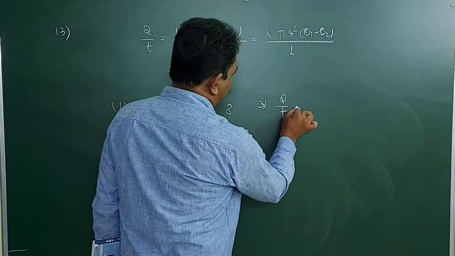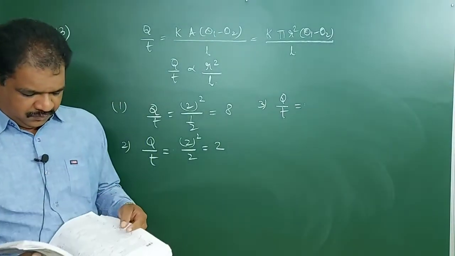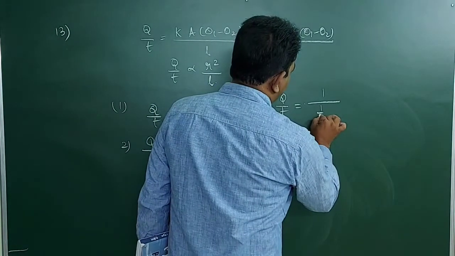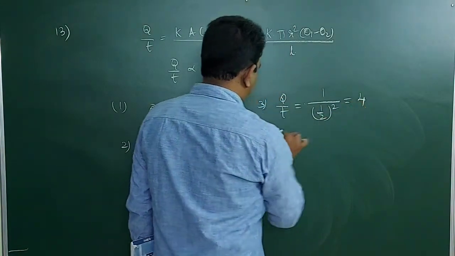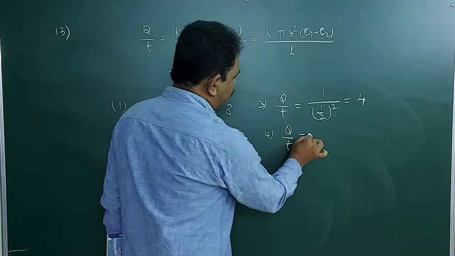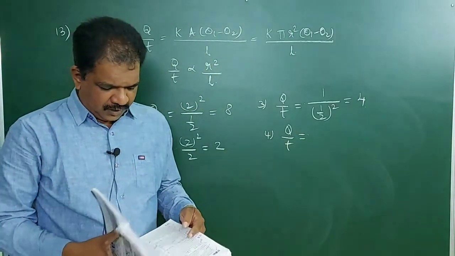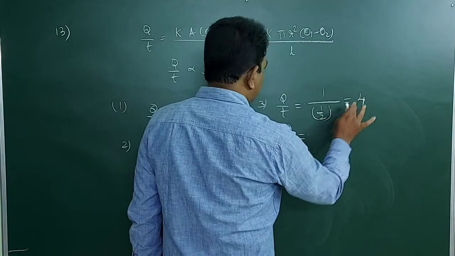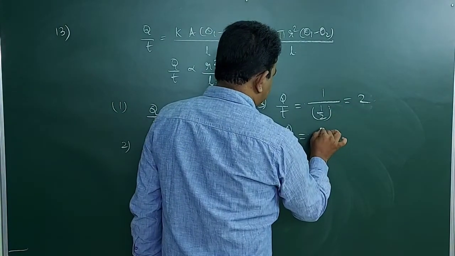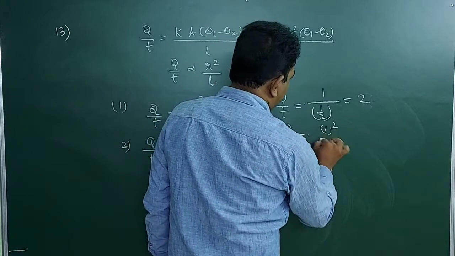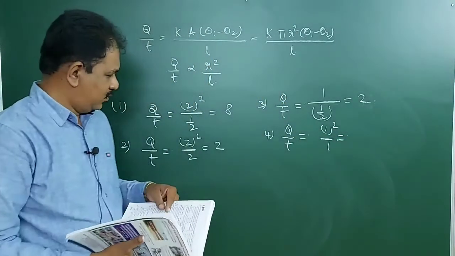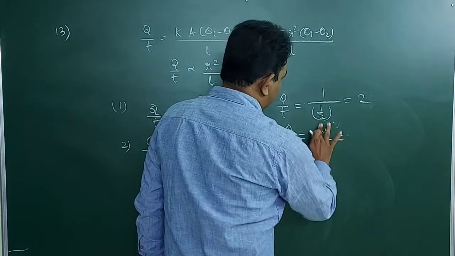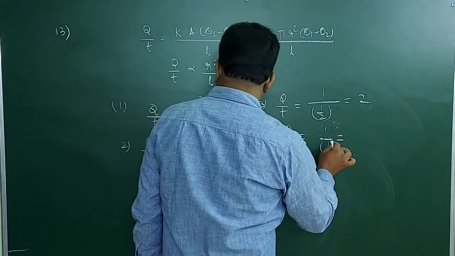Third option, Q by t is equal to r is 1, L is 1 by 2, 1 by 2 whole square, 4. Fourth option, Q by t is equal to r 1, L 1.